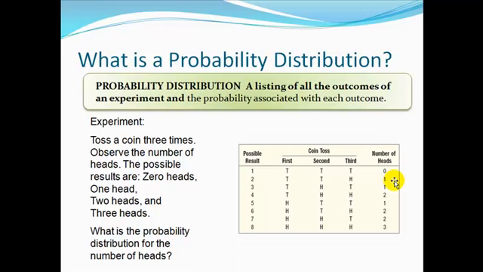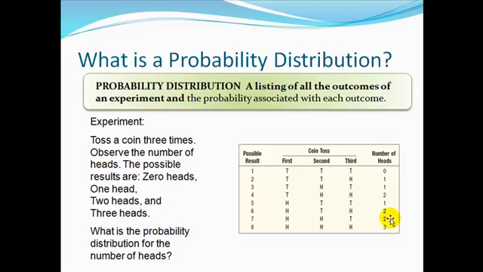Okay. How about the probability of 2 heads face up? With the 3 tosses, 2 heads face up. Out of all the possible results, there are 1, 2, and 3. 3 possible results showing 2 heads face up.